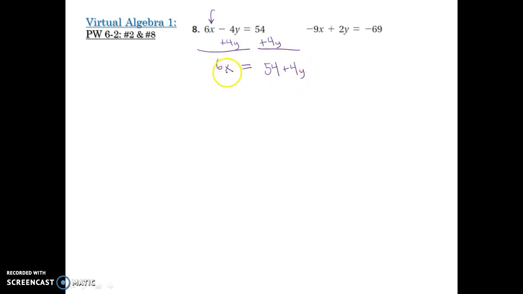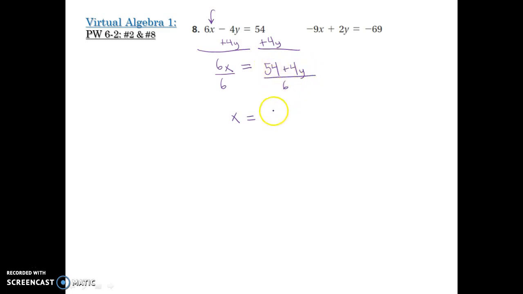So my next step to get x by itself is to divide by 6. So divide by 6. 6 divided by 6 is 1, and 1x is x. Divide the left side by 6, I've got to divide the right side by 6. And notice that I had to divide the whole side by 6, not just one or the other number. Which is the same thing as saying 54 divided by 6 plus 4y divided by 6.